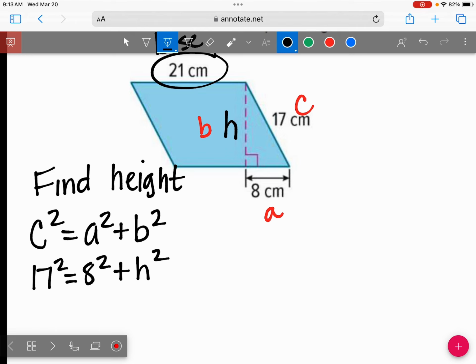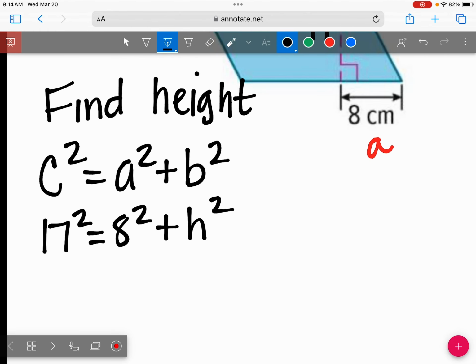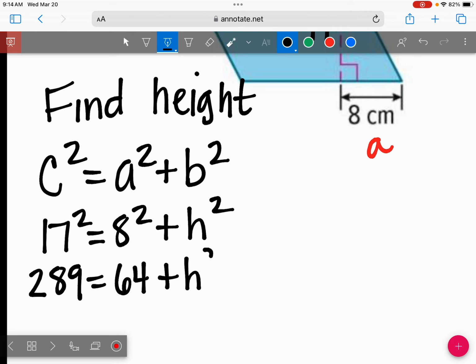So what's 17 times 17? 289. So we got 289 equals 8 times 8, which is 64. So next step would be to subtract 64. So pick up your calculators. Subtract 64 from 289.